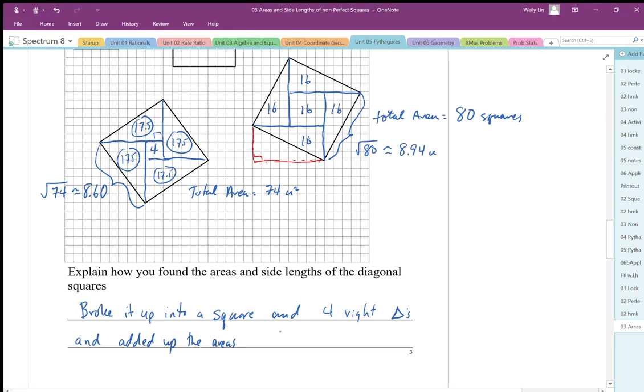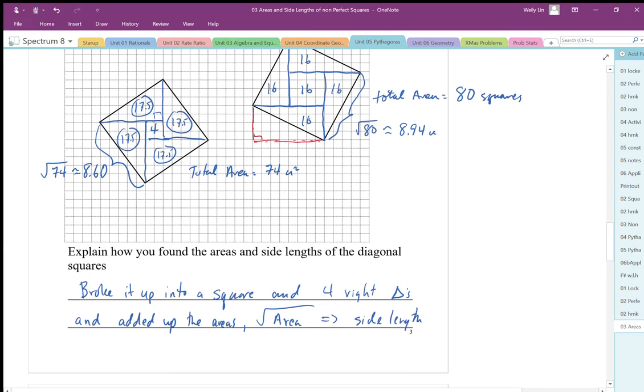Okay, and then we found the side length from square rooting the area. So that's the first part. The second part is we took the square root of area to get side length. Okay, and that finds the length of those diagonal squares, which would really have been quite hard if we had to measure, because it's not a very nice length to measure out, because it's not a whole number length.